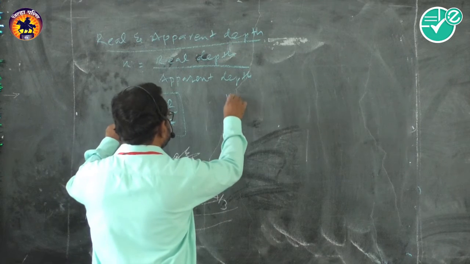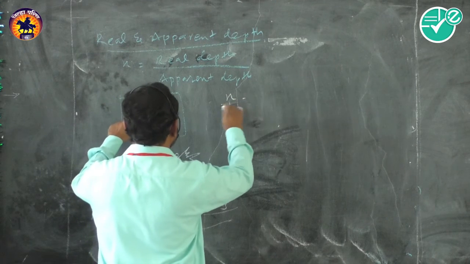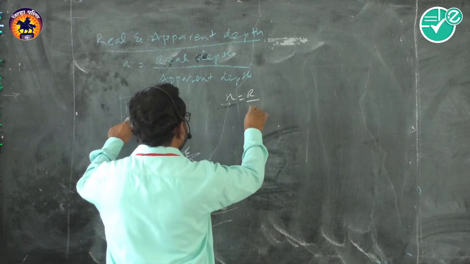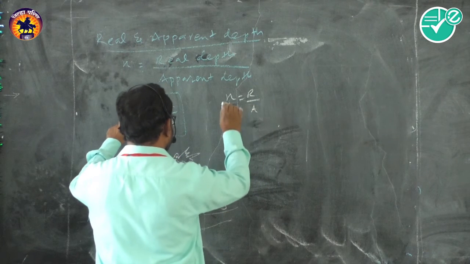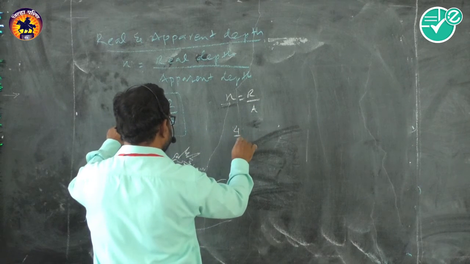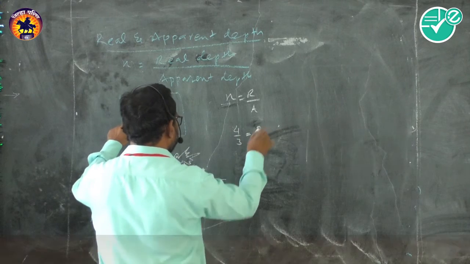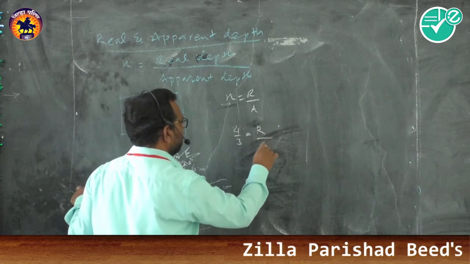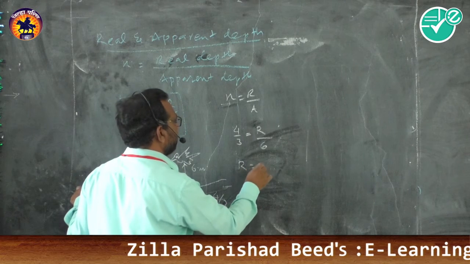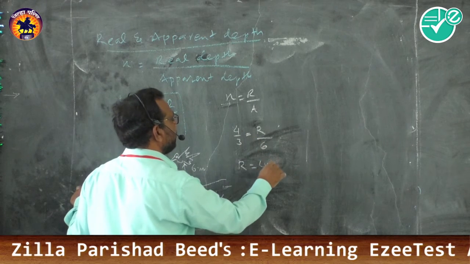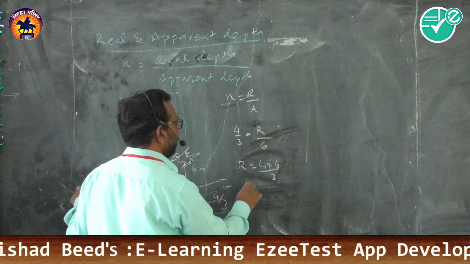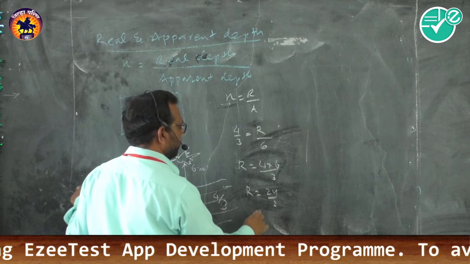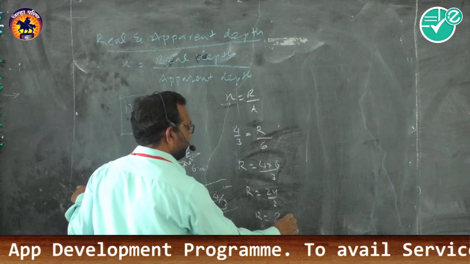So according to this formula, n is equal to R upon A, where n is the refractive index 4 by 3, and we have to calculate the real depth of this fish, and apparently it is looking like 6 centimeter. So R is equal to 4 into 6 divided by 3, R is equal to 24 divided by 3, R is equal to 8 centimeter.